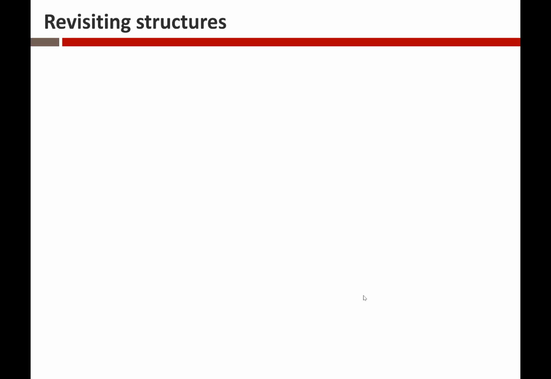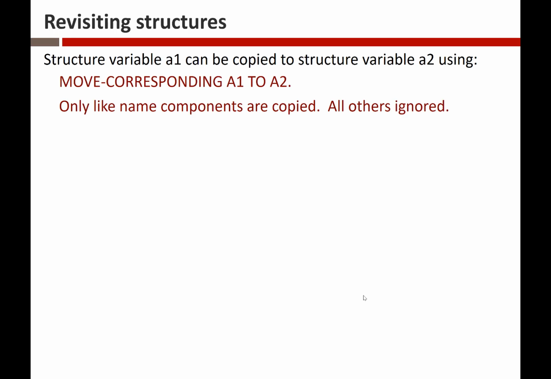So how do I do that? Is there a way that I can copy an entire structure in one instruction? And I can. I do that with the move statement. Now I'm going to tell you something that is not on your slide, and then explain to you why I put on your slide what I did. Technically speaking, in what I put here on the whiteboard, I could do this.